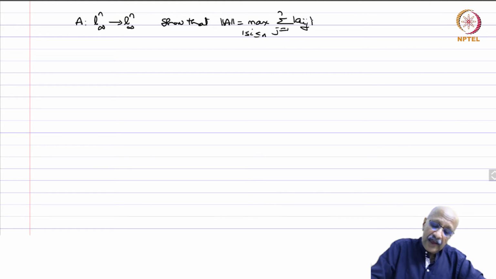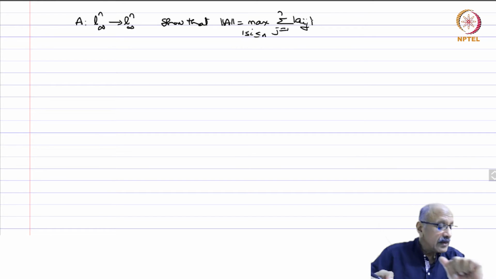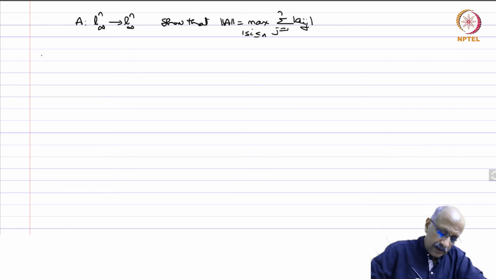So, this time you take the row sums of the absolute values of the entries of the matrix and then take the maximum. You will get the norm of A, the same matrix considered now as a linear map from Ln infinity to Ln infinity, that is Rn with the L infinity norm.